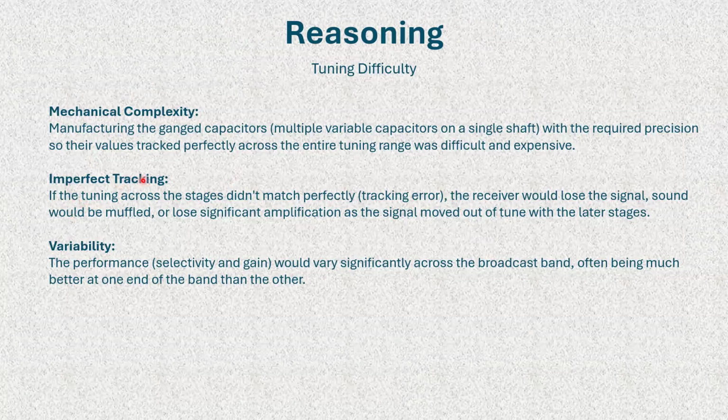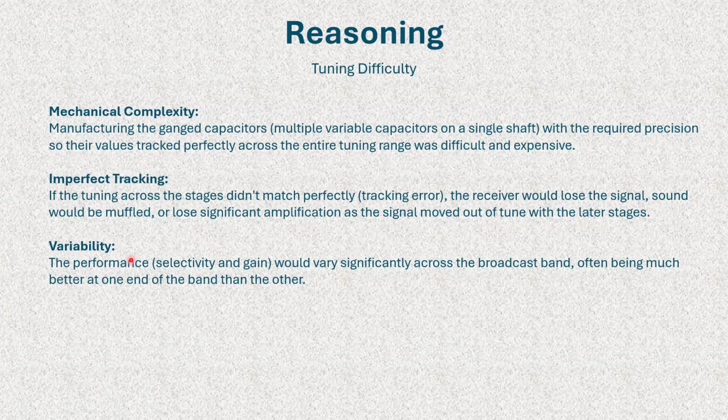All right, so then there is imperfect tracking, which is basically tracking or looking for that signal. If the tuning across the stages didn't match perfectly, that would be a tracking error, and the receiver would lose the signal, sound would be muffled, or lose significant amplification as the signal moved out of tune with the later stages.